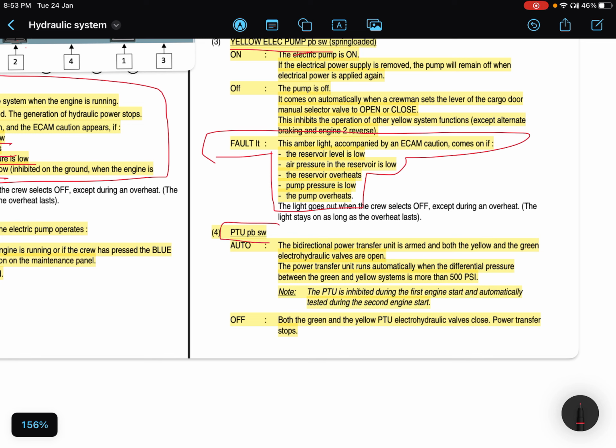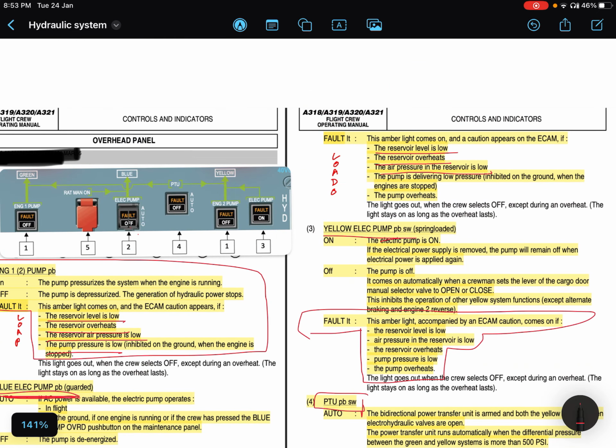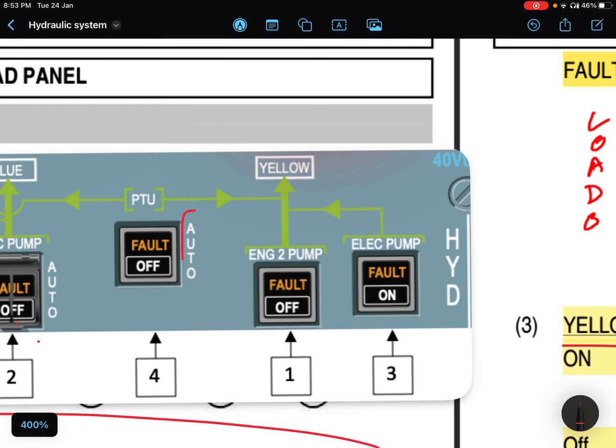Yes, this one is important. PTU push button switch. It remains in auto in normal conditions. You can see here this PTU remains in auto in normal conditions. We can switch it off by just pressing this push button. And when does this fault light of PTU come?